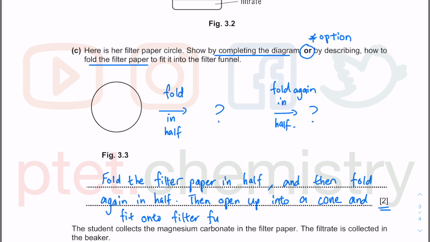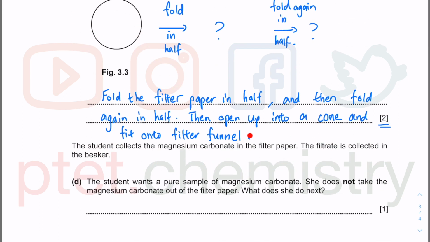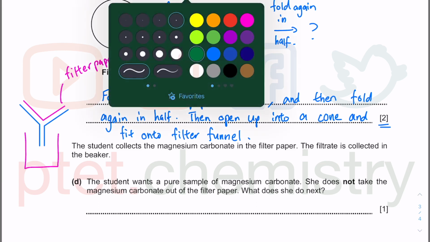The filter funnel is where you put the filter paper, and then you pour the solution which contains the solid, and the solid will be left behind on the filter funnel. If I draw a very generic 2-dimensional filter funnel, looks like that, and then I put in a filter paper on top. Because a filter funnel has got holes in between, you need the filter paper on top, otherwise your solid will go through.